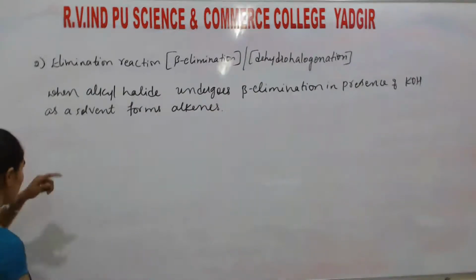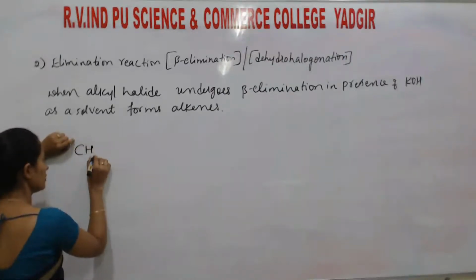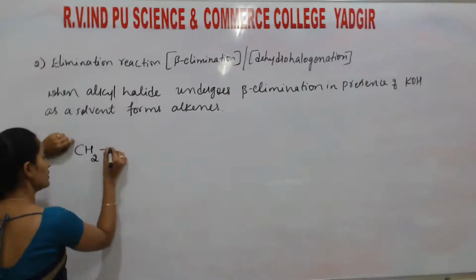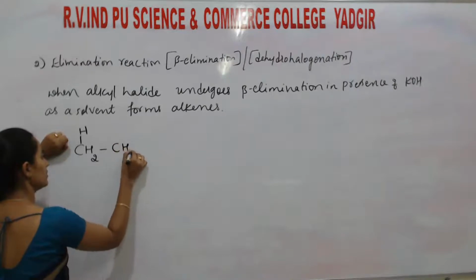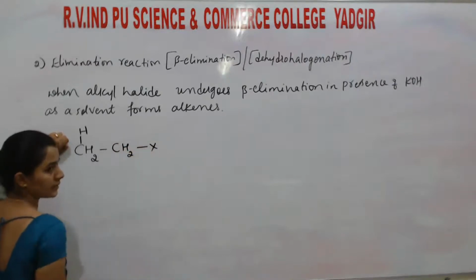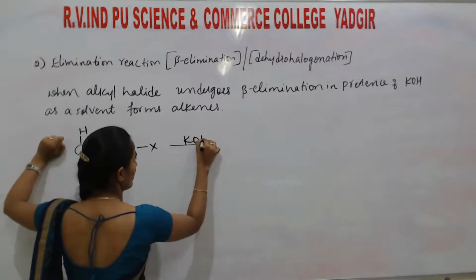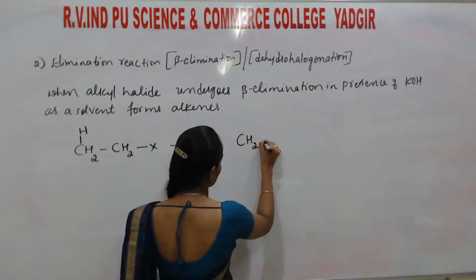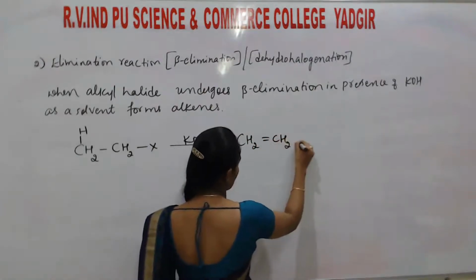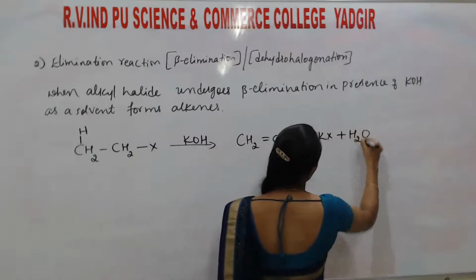Okay. So with respect to that, the example is, so listen. CH3, here it is H, and CH2X. Okay. In presence of KOH alcohol it gives rise to CH2 double bond CH2 plus KX plus H2O.